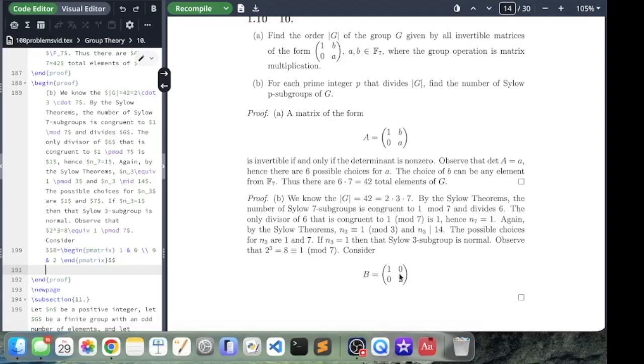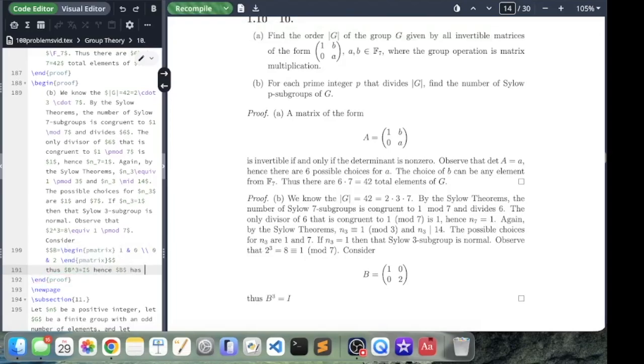So if we were to multiply this matrix by itself 3 times, we would just keep multiplying this 2 by itself, and 3 times would give us back 1. So this would give us the identity. Thus, B cubed would give me the identity matrix.